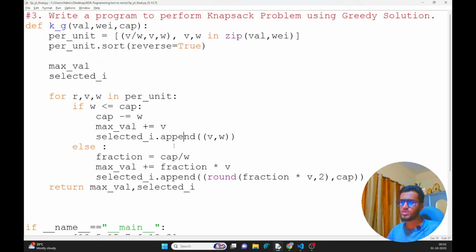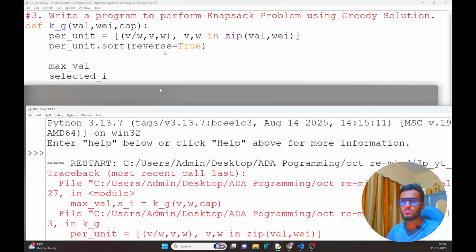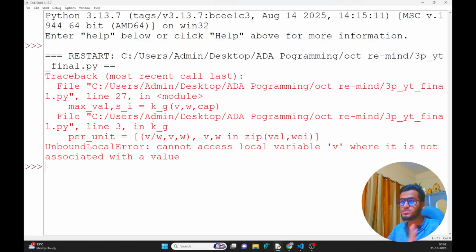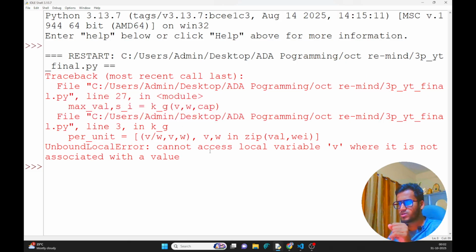If I run, some errors will definitely come. Let's fix the error. Okay, we got the errors. Let us fix them. If you do not get errors, it is not called programming. Okay, in the 27th line we're getting it. This is the function, don't worry about this one. Think about this, per unit.